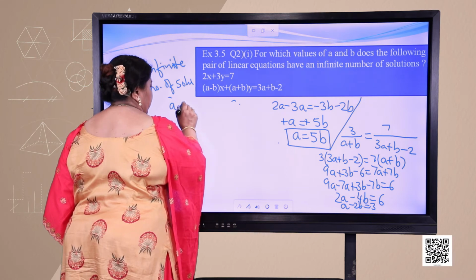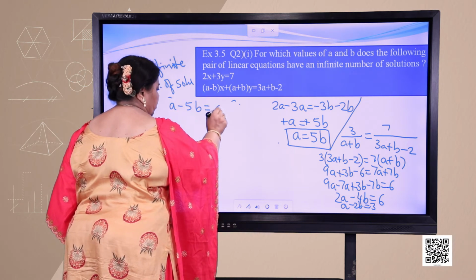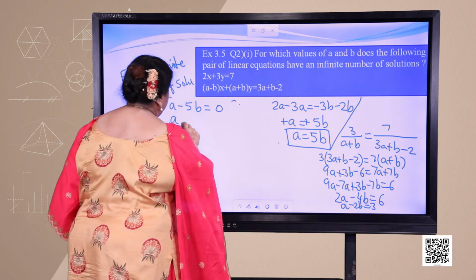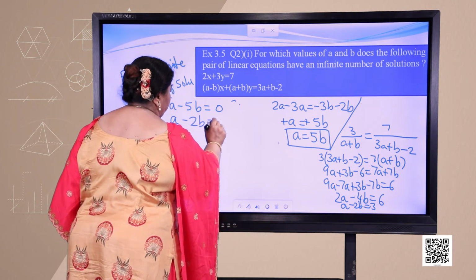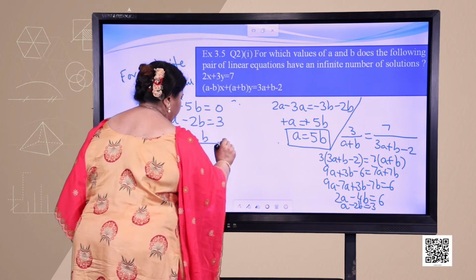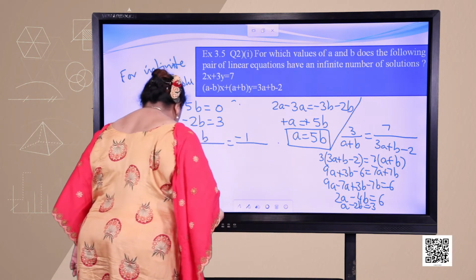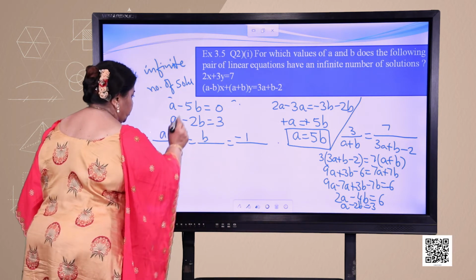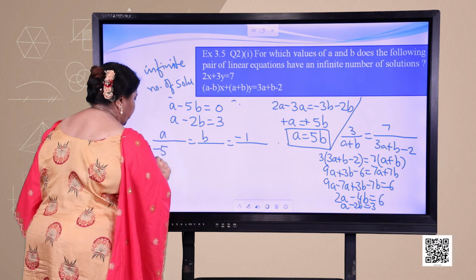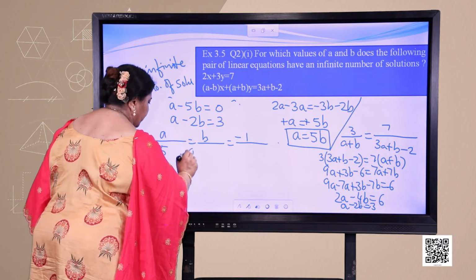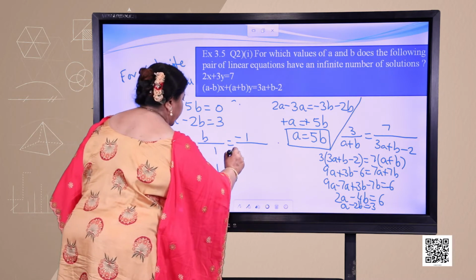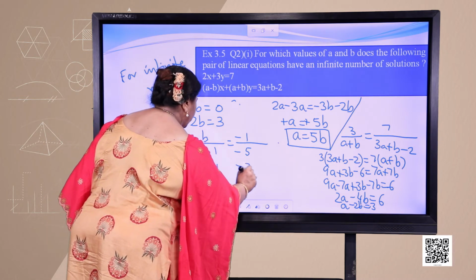First equation is a minus 5b is equal to 0, and next is a minus 2b is equal to 3. a upon, b upon, and minus 1 upon. So, what is the coefficient of b? We have to remember 2, 3, 1 and 2 again, minus 5 and minus 2.